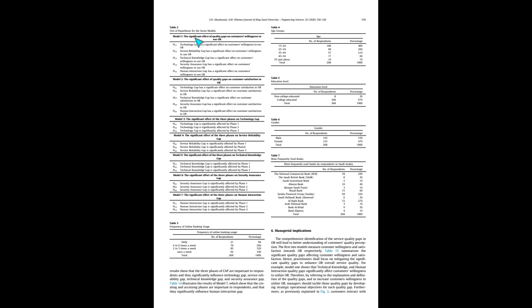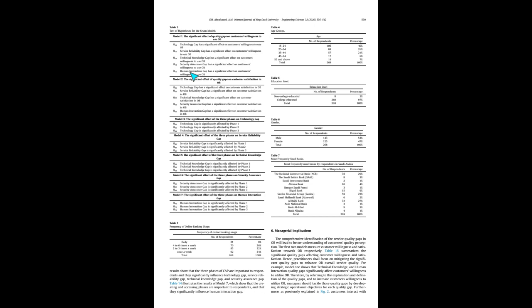So let's start with the first one. The significance effects of quality gaps on customers' willingness to use OB. It consists of 5 questions. Each question or each statement in the hypothesis refers to one of those quality gaps.